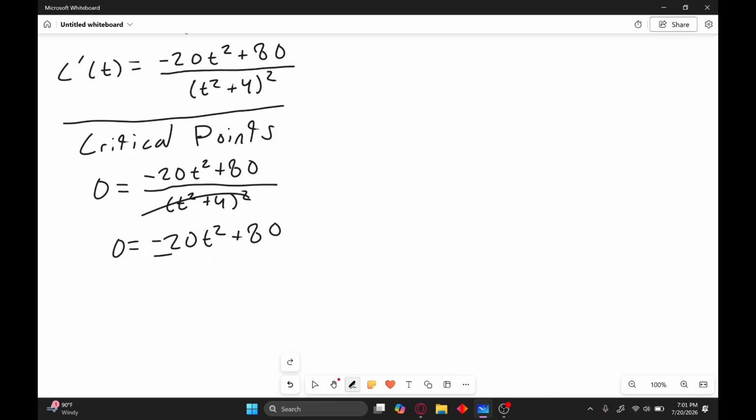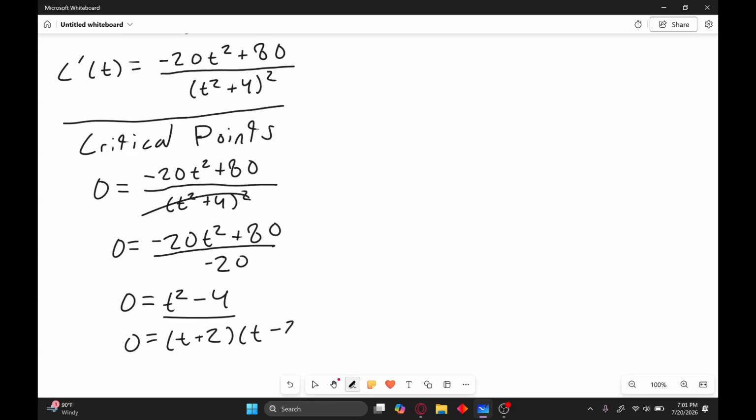That'll leave us with t squared minus 4. Now this is a difference of squares, so we could factor this out to get t plus 2 times t minus 2.